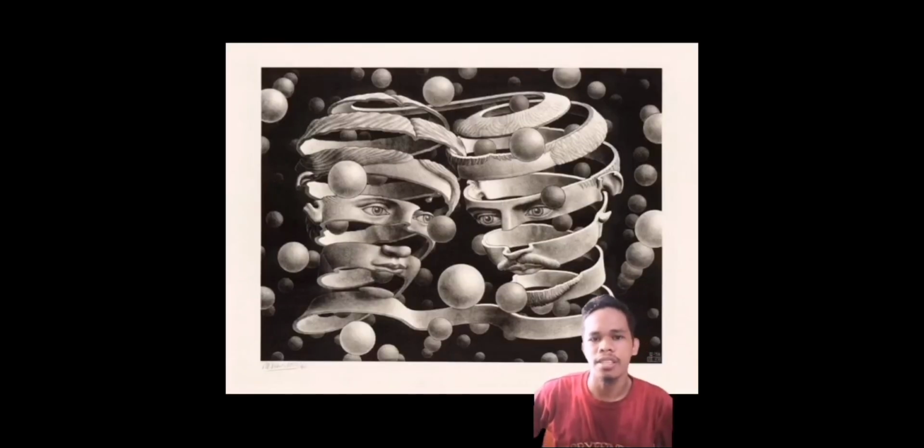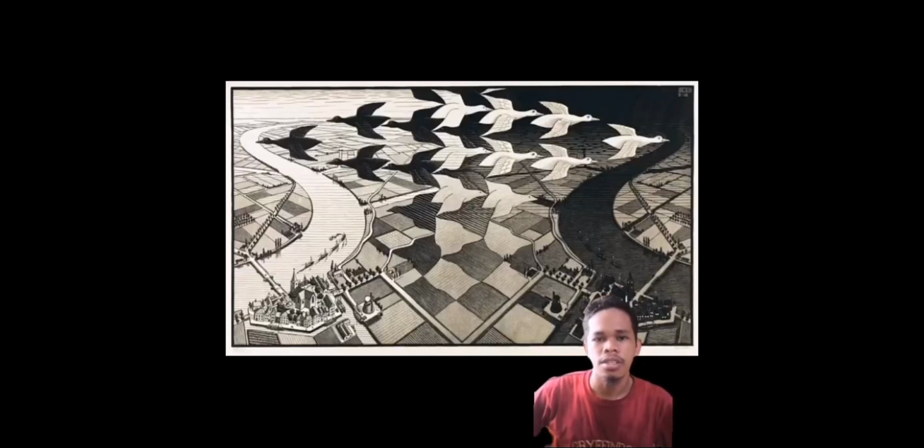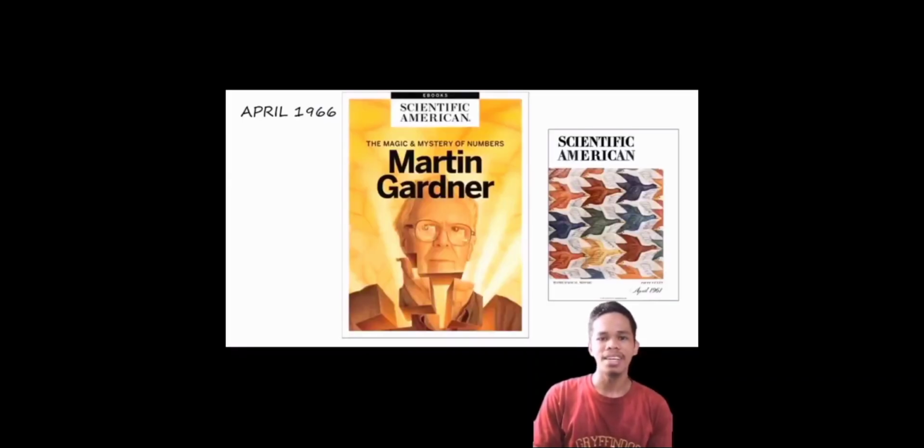He used tessellated designs, and here are some of his famous and impressive recognizable works. In April 1966, Martin Gardner featured Escher's art in his mathematical games column in the magazine Scientific American. Escher became famous with math lovers for his wild art that used math to bend the laws of physics.